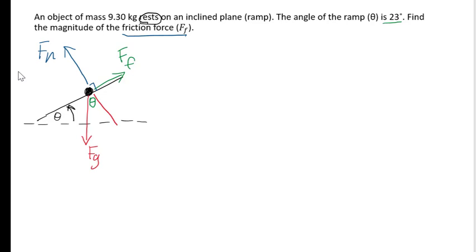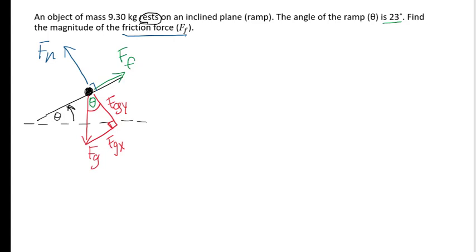You can notice it's parallel to the normal force. This would be Fgy, the y component of the weight. And remember, the only reason the weight is two-dimensional is because there's an angle here. So we can make our right triangle like we always do. We have the y component, Fgy, and then we have the x component down here.